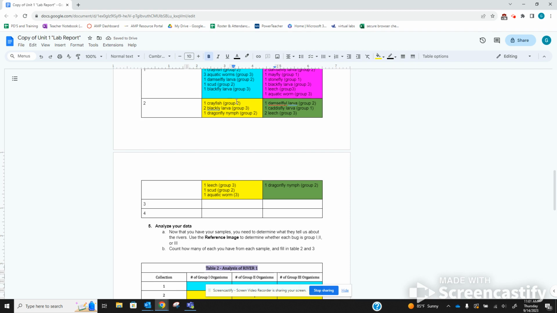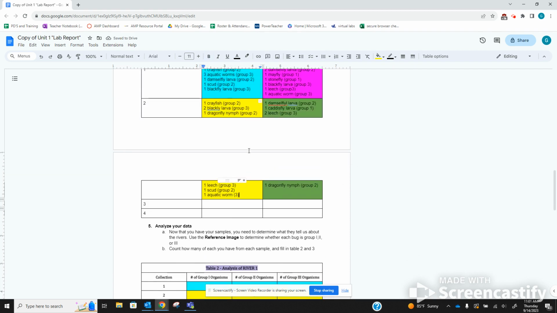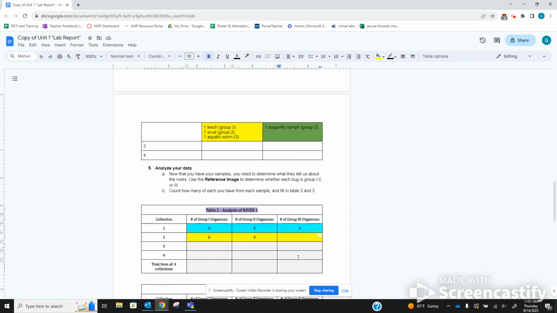Group 2, I've got the crayfish plus the dragonfly nymph plus the scud. So I've got 3 here. And my group 3s, I've got 2 here plus 1 plus 1. So I've got 4. Oh, same numbers. That's interesting.